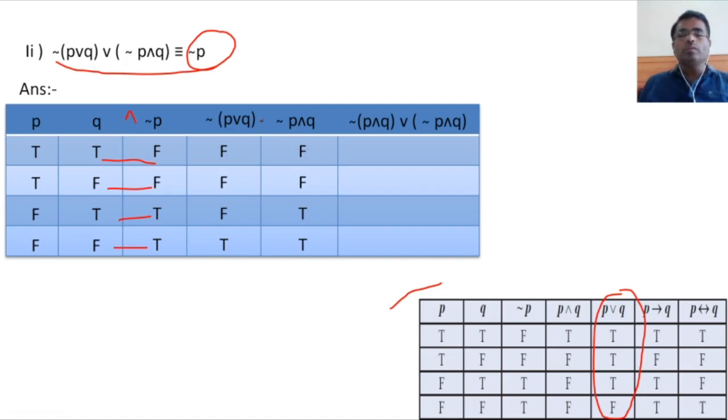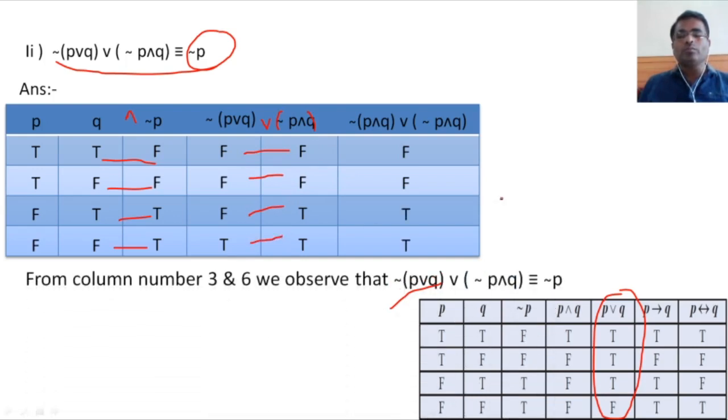Now we have to consider the OR operation between these two, that is negation (P or Q) OR this bracket. When we consider OR, we know that if both are false, then the resultant is false. So you have the first two false. But if any one is true for OR, then the resultant is true.